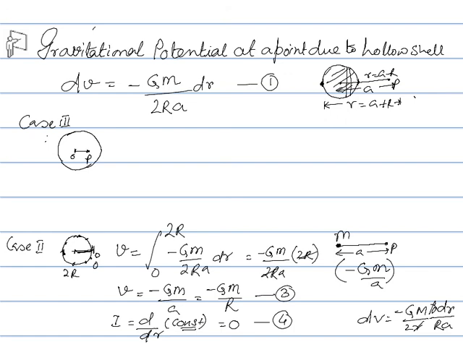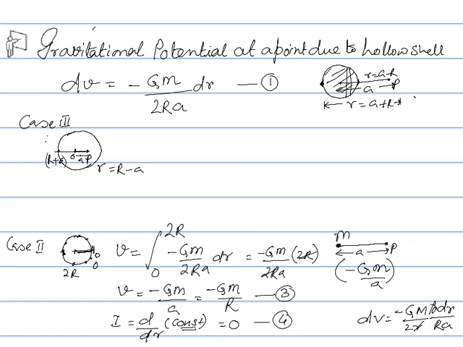So here the value of small r is equal to r minus a. This distance is a, and when the point is here from this to this, so this total distance of this shell will be r plus a.